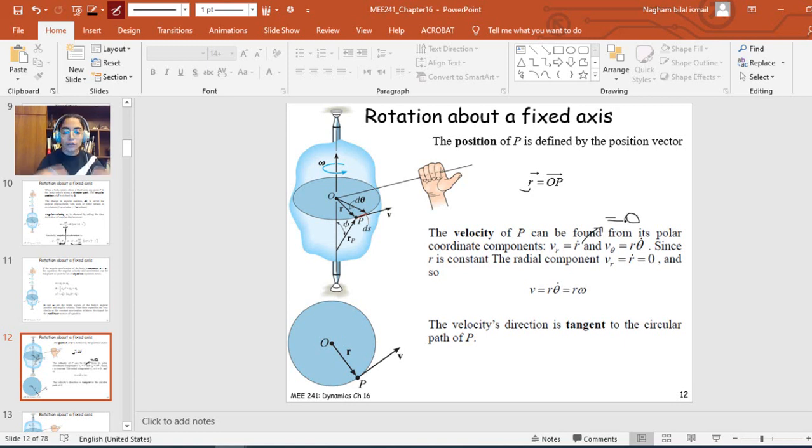All right? Even for rotational motion, r dot is equal to 0 because the magnitude of r is always constant. It's not constant in vector form, and that's why I'm going to have V theta. So it's not constant in direction, but it's constant in distance or in magnitude because this is a rigid body which is non-deformable, right? So V_r will be equal to 0, and in this case, V will be equal to V theta, which is r theta dot.